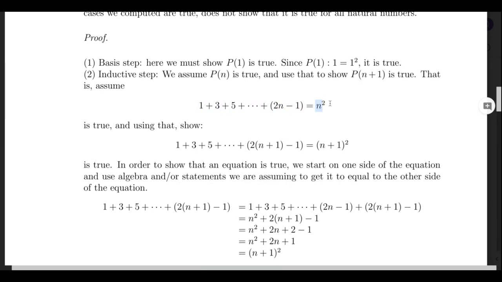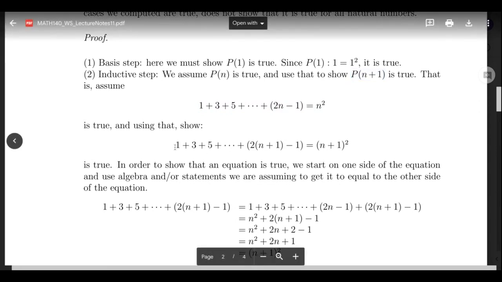So this is P of n. What do we want to prove? We want to prove Q. So this is like a direct proof. We assume P, we prove Q. So Q in this case is P of n plus 1.